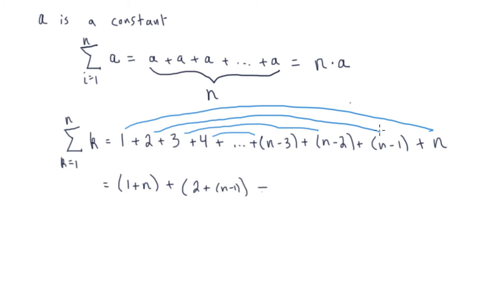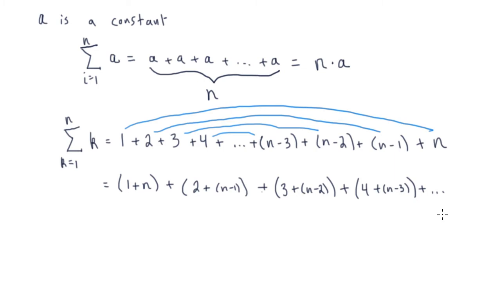I just pair those terms, add those terms together first, then 3 plus n minus 2, plus 4 plus n minus 3, and so on.